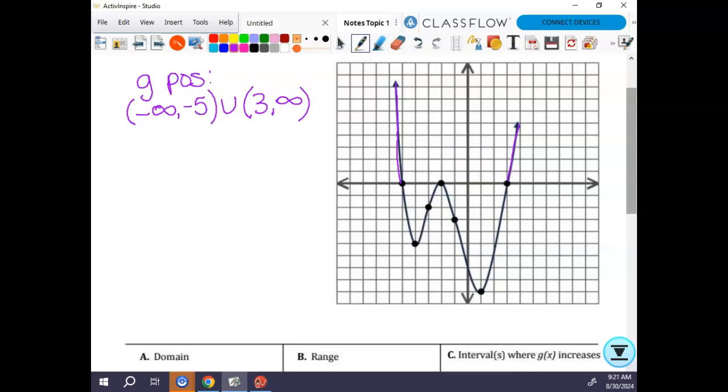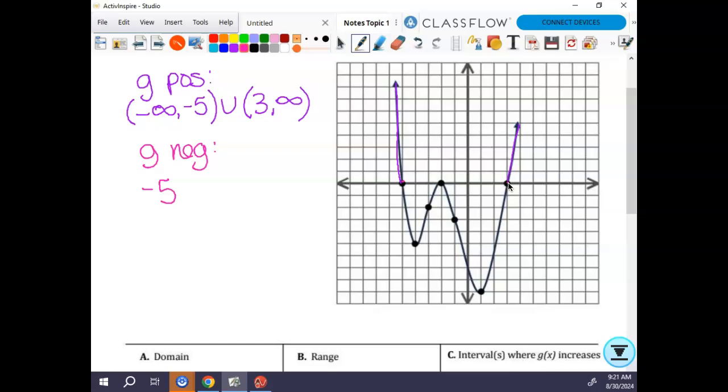So then we have where g is negative. Where is the first time g starts being negative? Negative 5, okay. Now, negative 5, and then this is all negative down here, so can I just go from negative 5 to 3? What do you think? No?